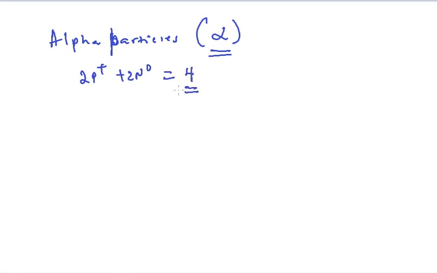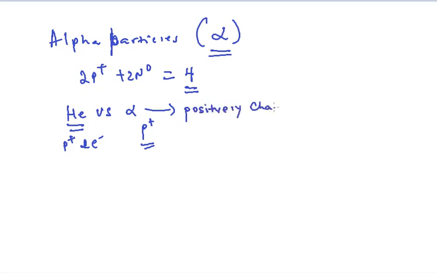So the alpha particle is pretty much similar to the helium nucleus because it has a mass number of 4. The only difference is that helium has protons and electrons, but alpha has only protons. Alpha is a positively charged particle. That's very important to remember.